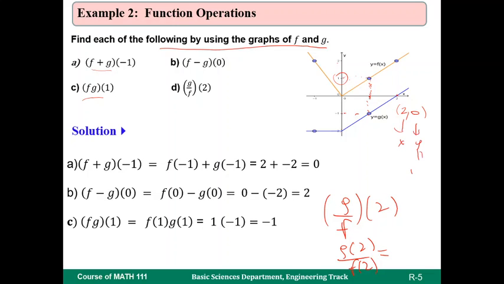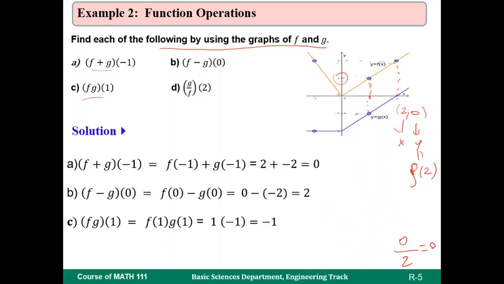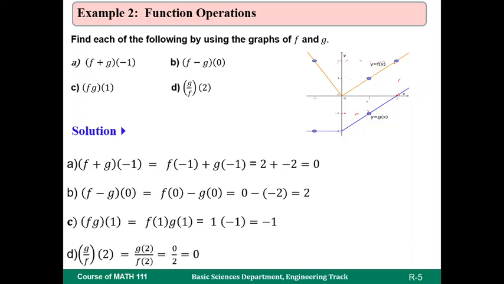So this is g of 2 here, which is equal to 0. And what about f of 2? It's equal to 0. As you see, we are trying to evaluate the values of the functions by using the graph. So it will give you 0.